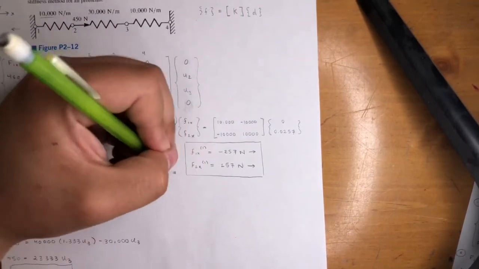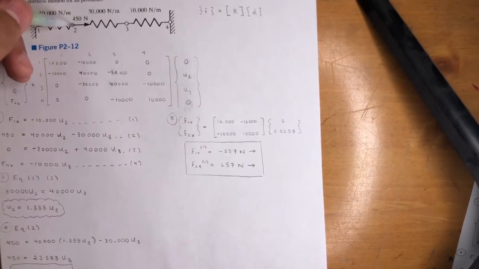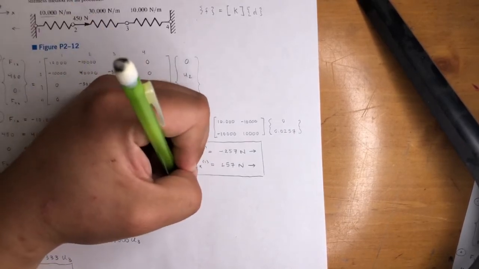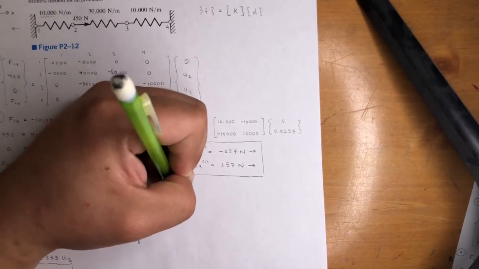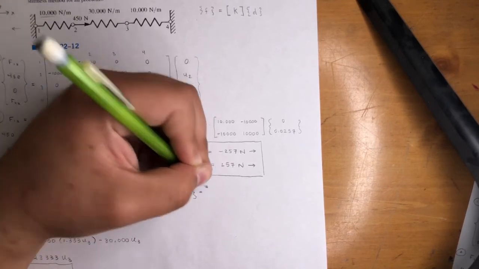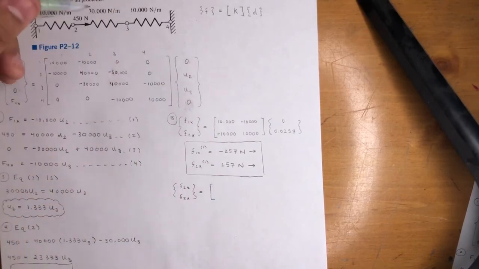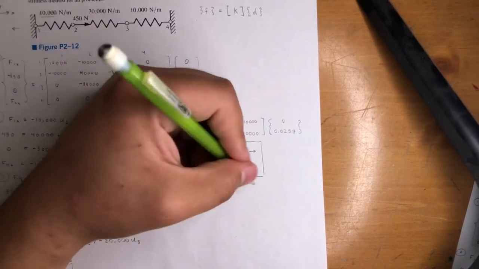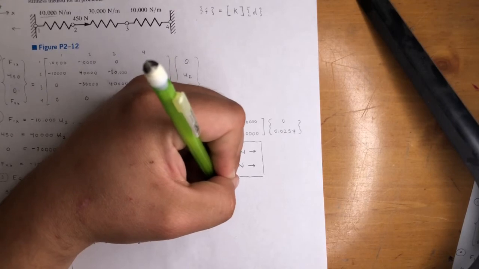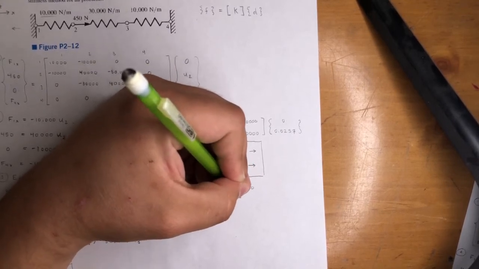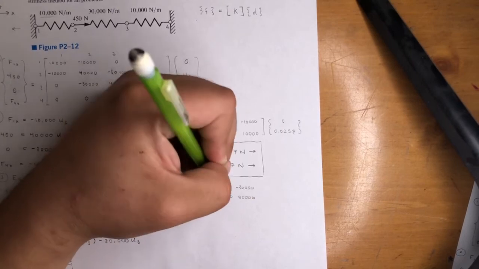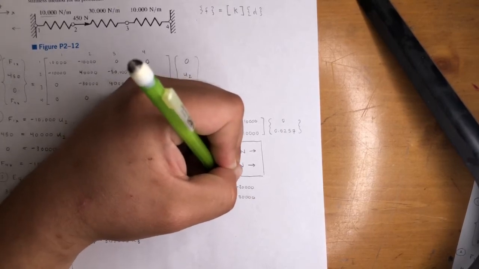Now, next one. This spring is between nodes 2 and 3, so it's F2x, F3x. That is equal to the 2x2. The value is 30,000 for this spring, so it is negative 30,000, 30,000, 30,000, negative 30,000.